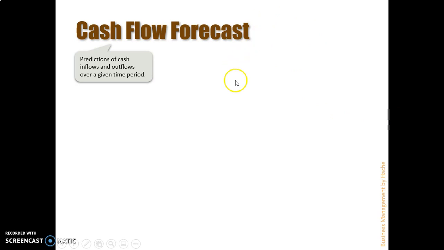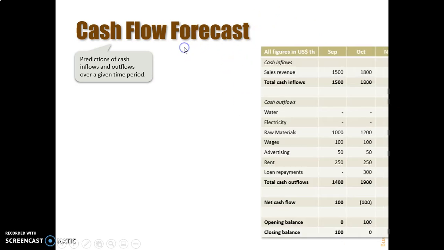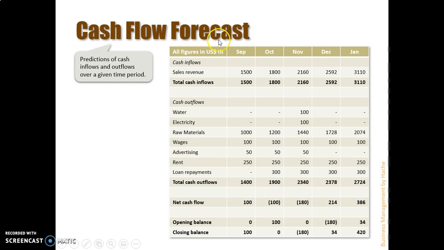So I'm showing you right now an example of the cash flow forecast and how it is built. The cash flow forecast has three main sections. The one on the top shows you the cash inflows, so it's all the money that goes into the cash of your business. In this case, we have the cash sales revenues presented here.